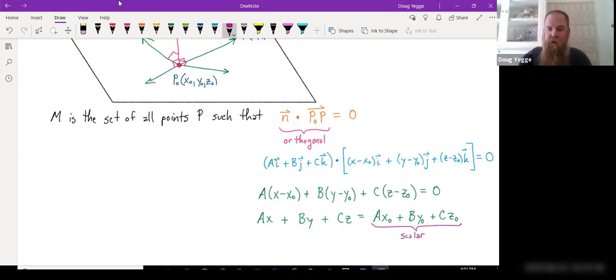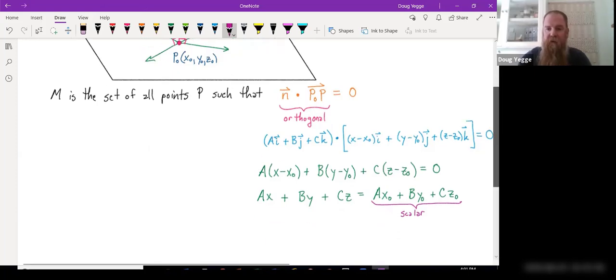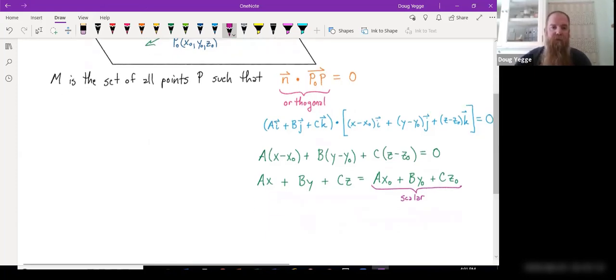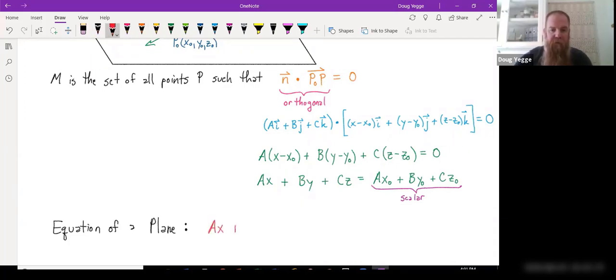So in general, the equation of a plane will always be in the form of ax plus by plus cz, which already kind of looks like a linear equation, except it's got an extra variable, right?